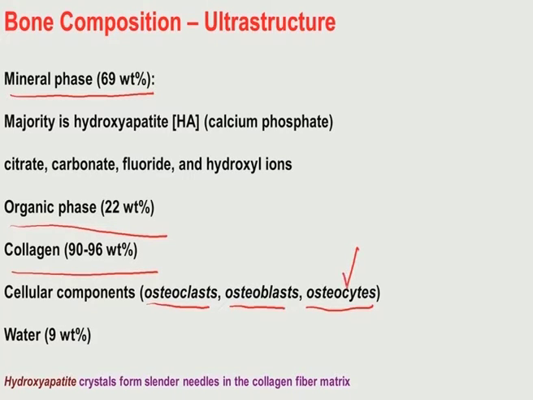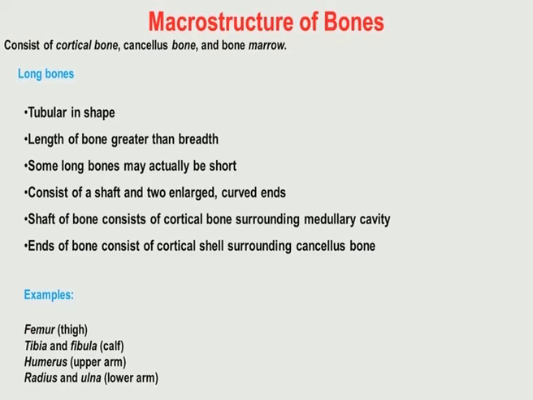So, osteocytes is the more matured bone cell. Also, among the mineral phase, in addition to the abundance of hydroxyapatite, you have citrate, carbonate, fluorite and hydroxyl ions, and water is around 9 weight%.